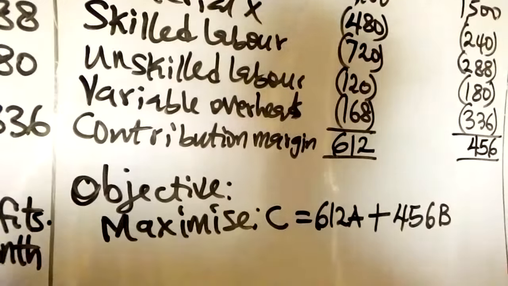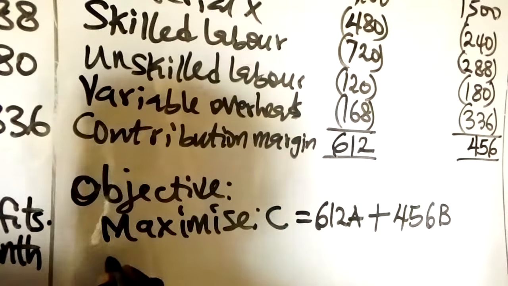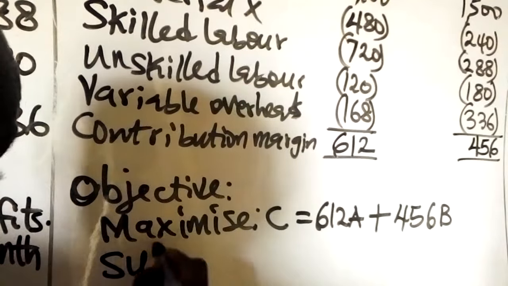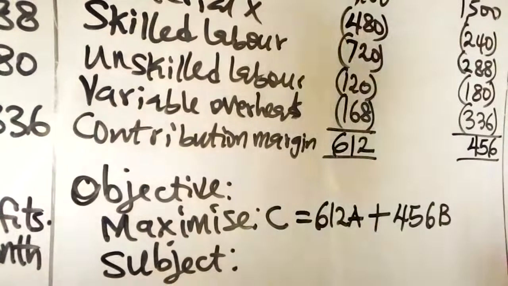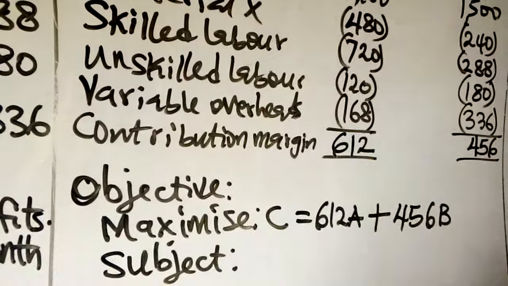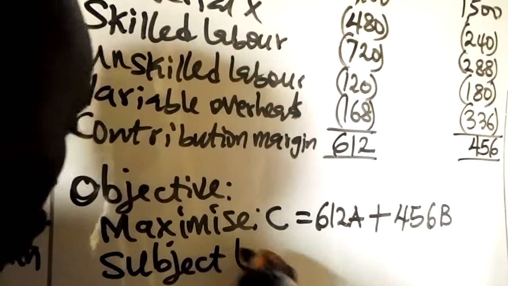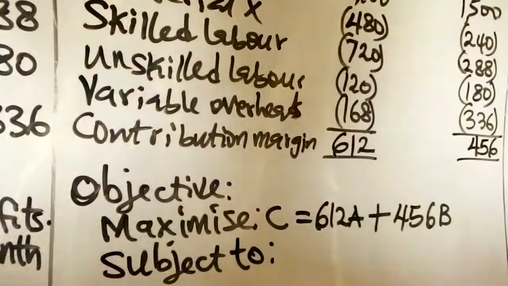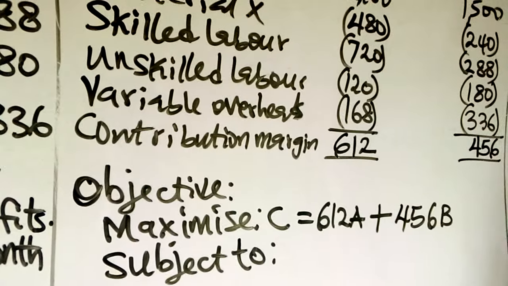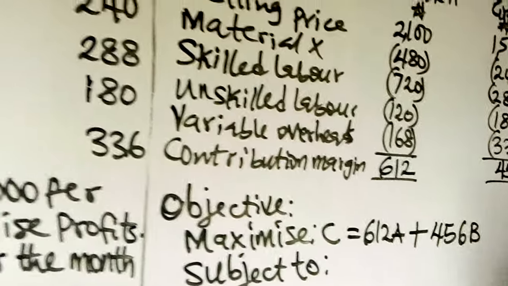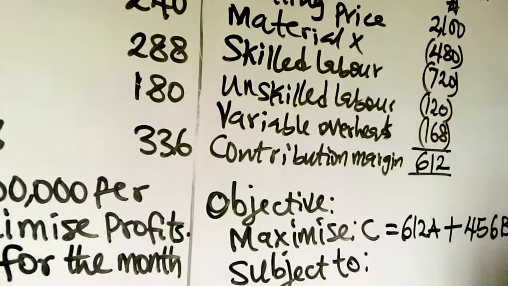After the objective function, the next thing is the constraint. I've told you that to identify your constraint, you put subject to. Now you go back to the question.